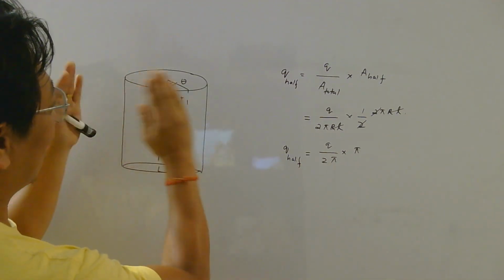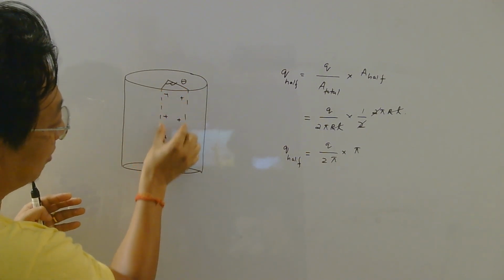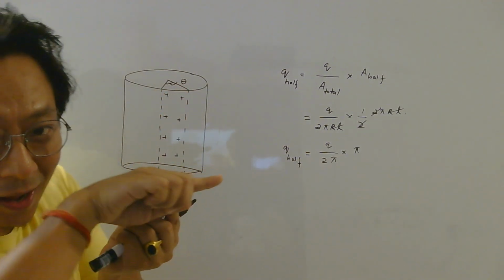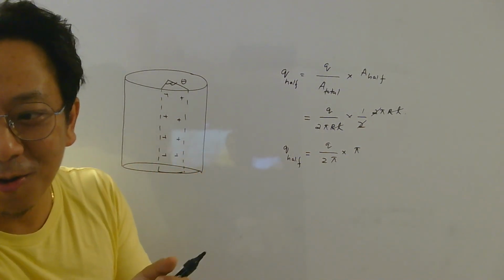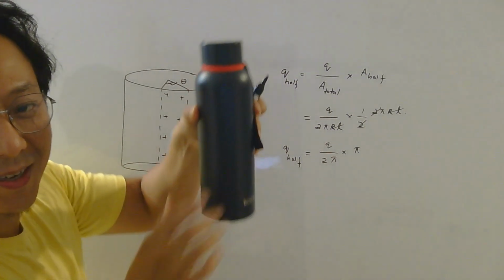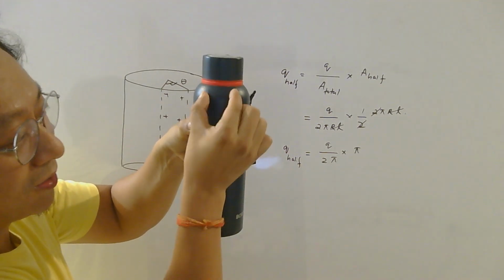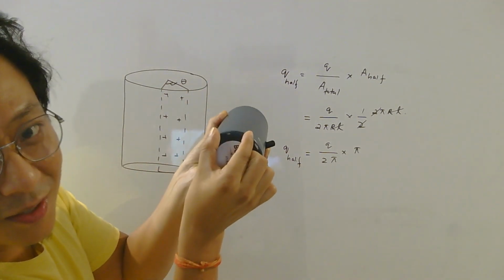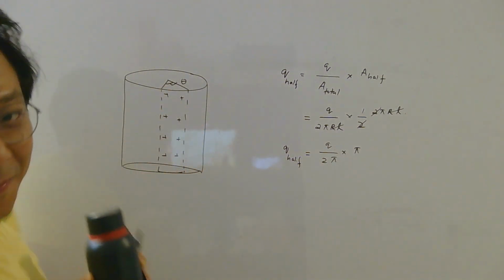So this is again a cylindrical surface, but I want to know charge on only this part of the surface. And that angle is theta radian, let's say. Okay, so I hope you understood. This is the cylindrical surface. I want to know charge on only this part. So when I see from here how much angle it subtends, okay, that angle is, let's say, theta.